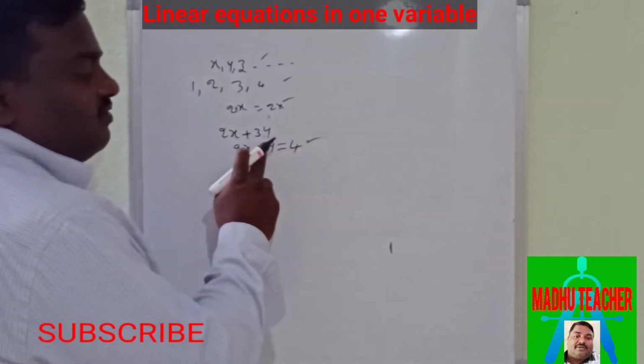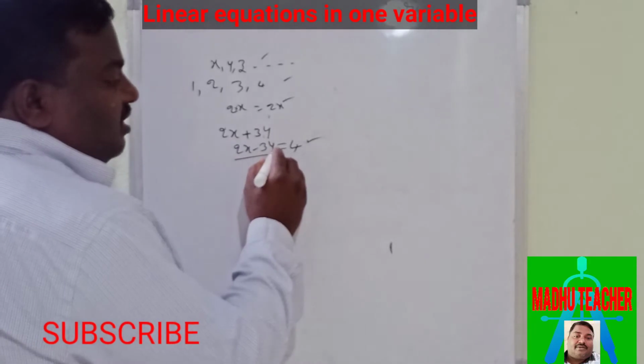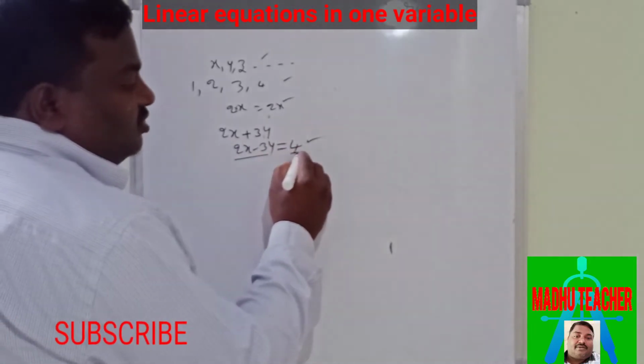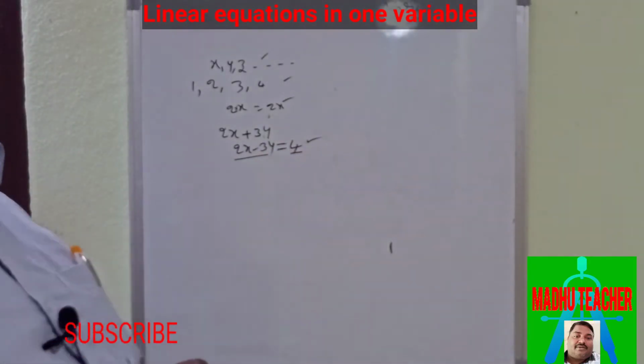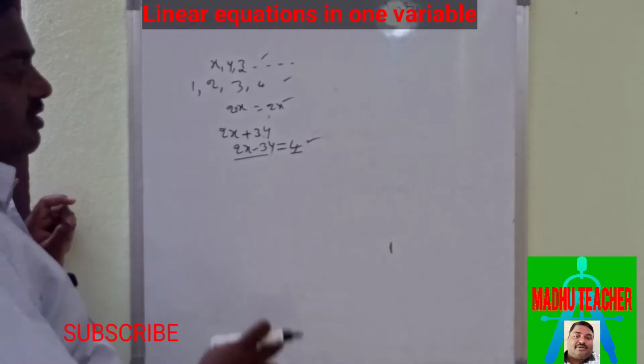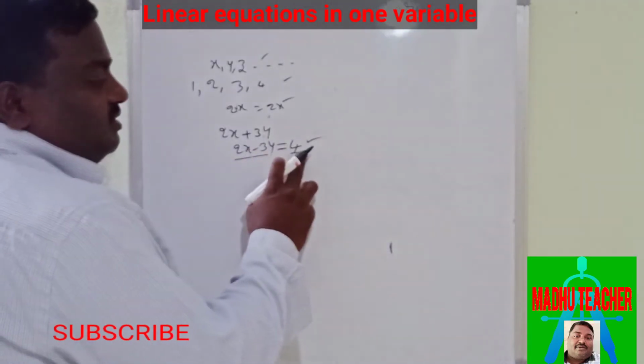Left of this equal sign we have an expression, and right of this equal sign we also have an expression. That means this equal sign divides the equation into two parts.